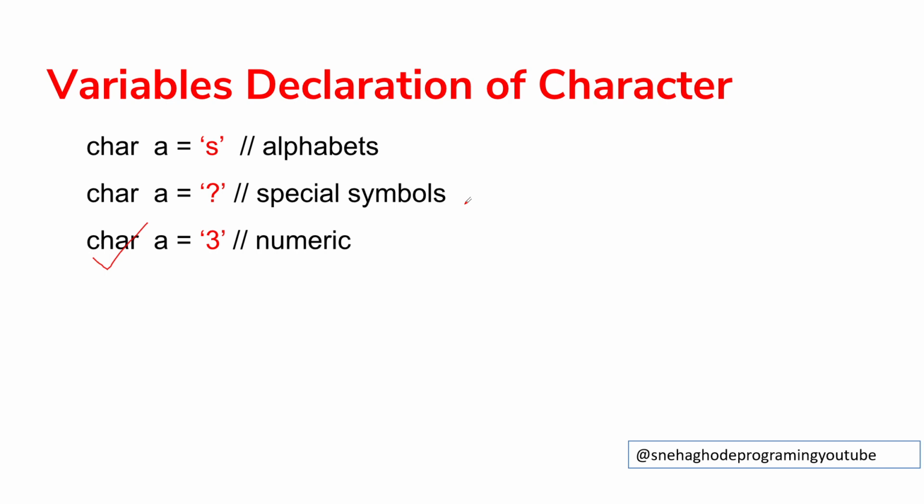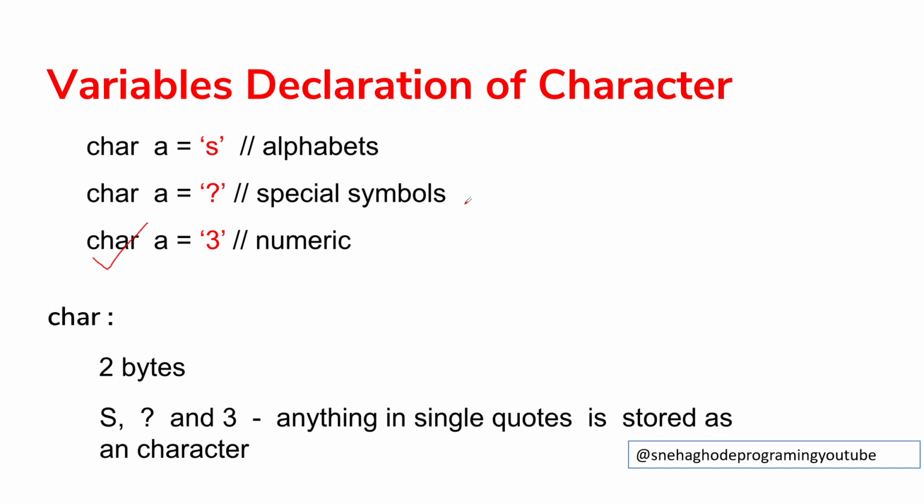So we can use special symbols as characters, we can use numbers as characters, we can use alphabets as characters. There is one rule only: to make it a character you have to use single quotes. Data should be in single quotes. So here a character is going to occupy 2 bytes of data, and a question mark, that is a special symbol, anything in single quotes is stored as a character.